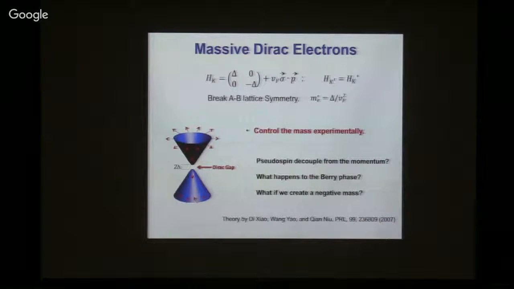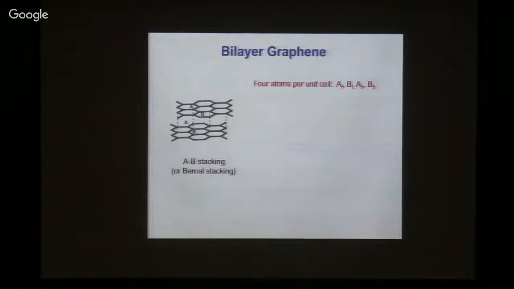So in order to explore this problem, we first need to generate a mass term, or basically create a band gap in graphene first. And to do that, we make use of bilayer graphene. It turns out naturally the lowest energy state for bilayer graphene has this so-called A-B stacking or Bernal stacking, where the A atom on the top layer sits directly on top of the B atom on the bottom layer.